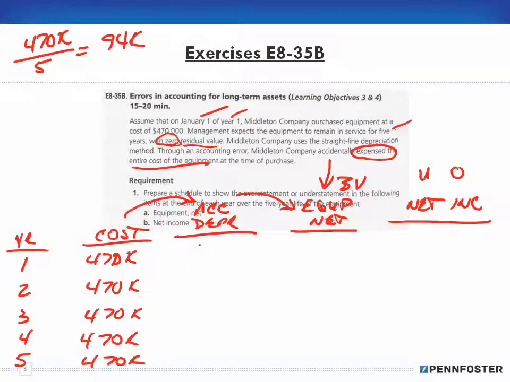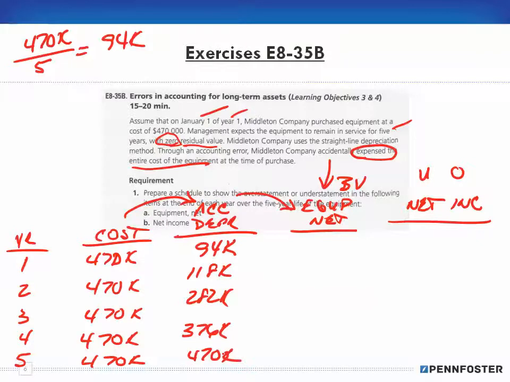So our accumulated depreciation at year one should be 94,000. Double that, 188. Add 94 to that, 282. Add 94 to that, 376, and 470,000.